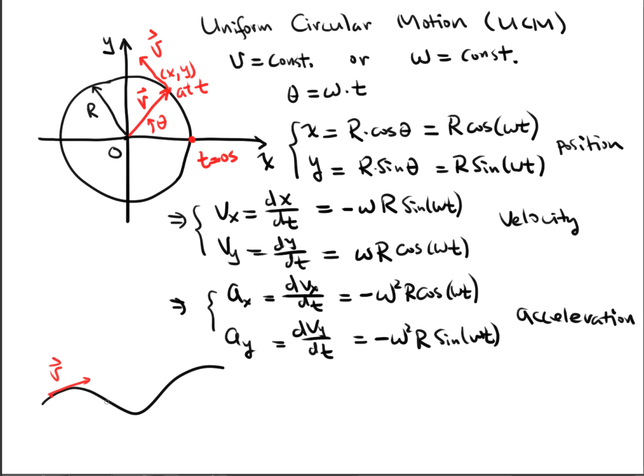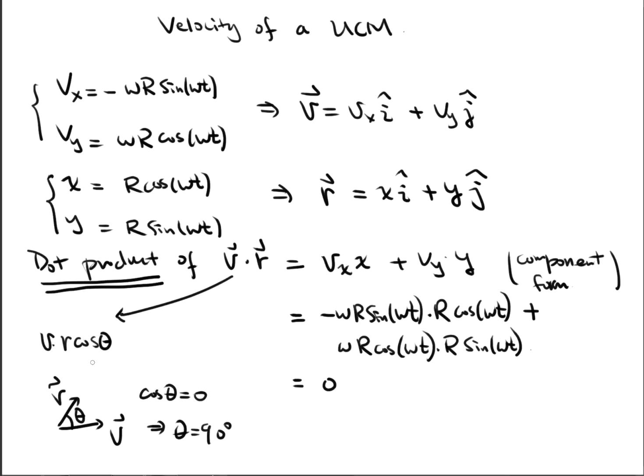If I want to draw it here along these paths, then that will be the velocity along the tangent direction. And maybe here, that's the velocity direction along the tangential direction. That's a general result. Again, they form a 90-degree angle. V and r are perpendicular to each other.